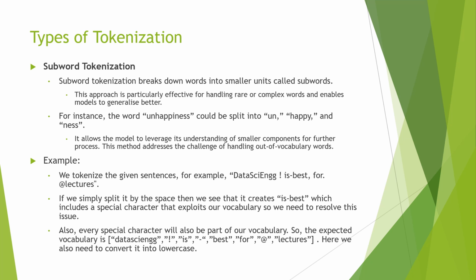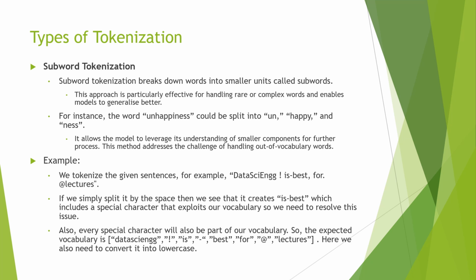For example, unhappiness can be split into un and happiness. If we split like this, then the model can understand the smaller words and the meaning of the words. It can even handle out of vocabulary words.